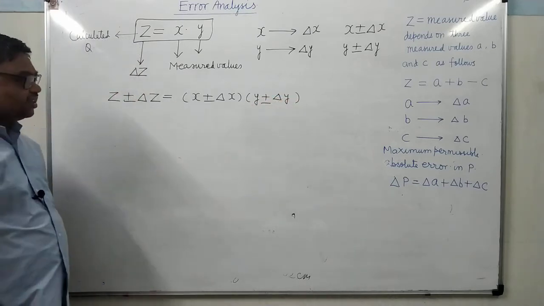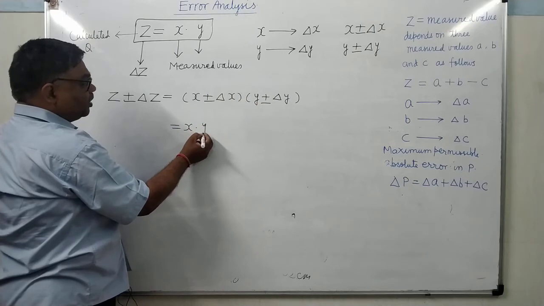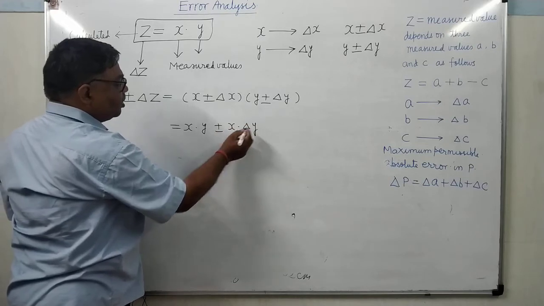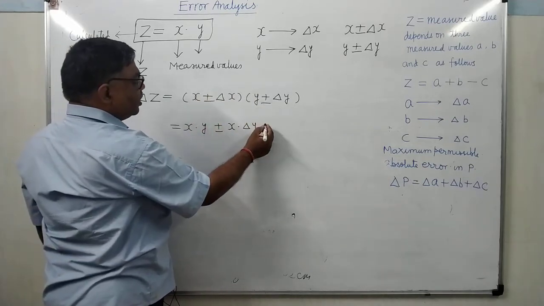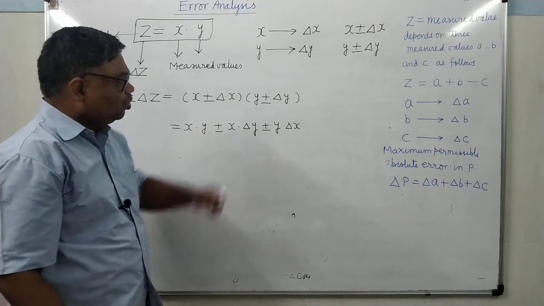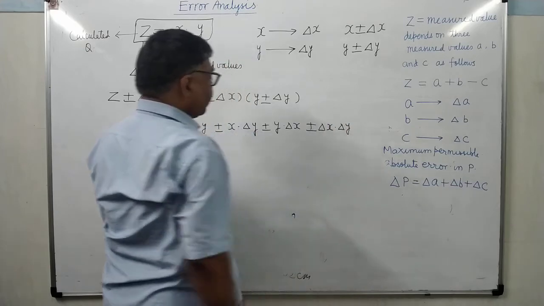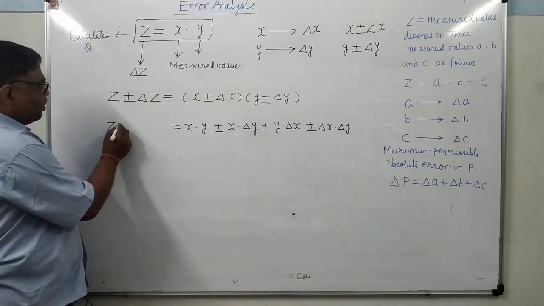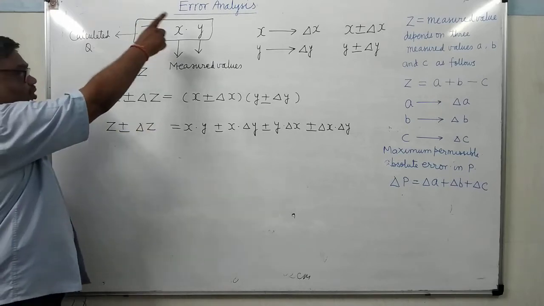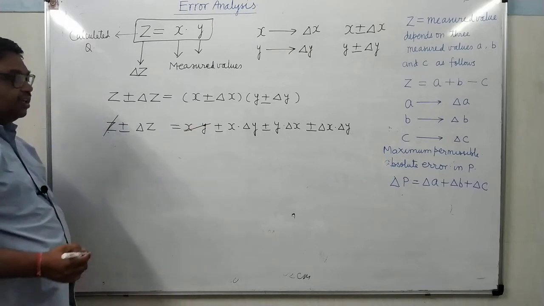Now you simplify this side: X into Y, then X into plus minus delta Y, then plus minus Y into delta X, and then plus minus delta X into delta Y. This equals Z plus minus delta Z. Now you can see Z is equal to XY, so they will cancel.